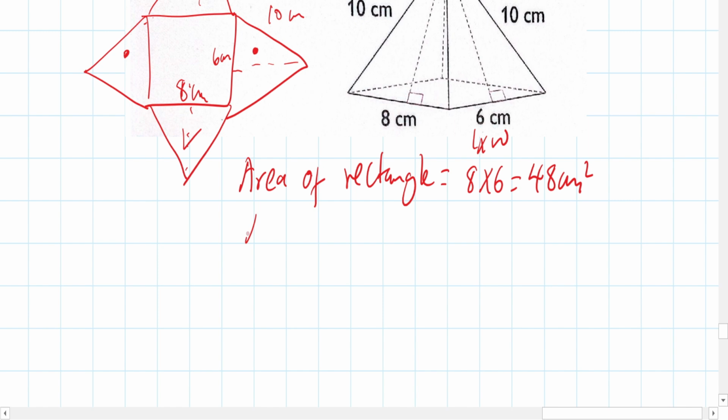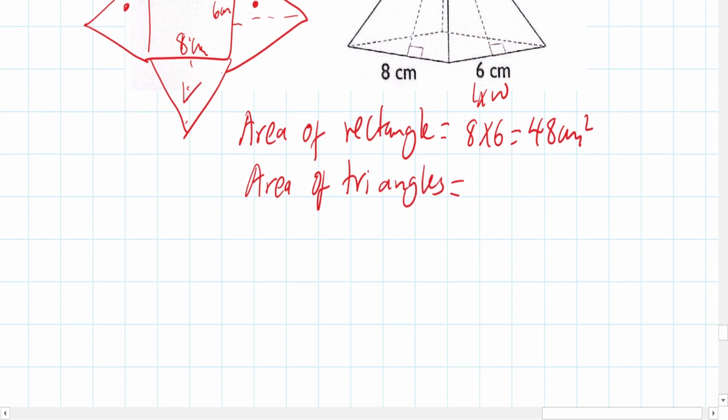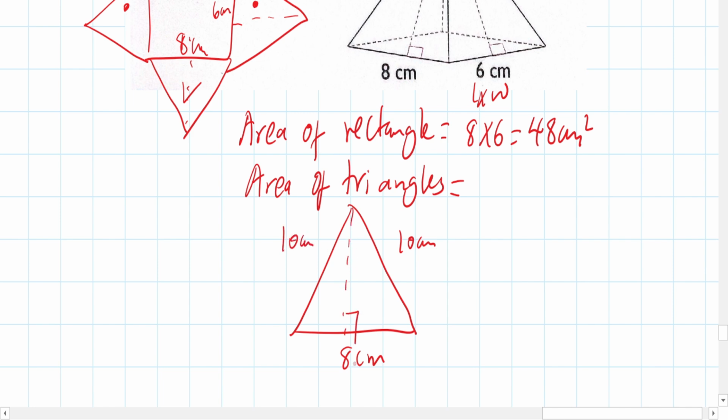Let me first write area of triangles. Let me draw those 2 triangles. You have a base of 8 centimeter, and we don't know the height, but we have the hypotenuses. So we're going to search for the height. This is 4 and this is 4 centimeter.